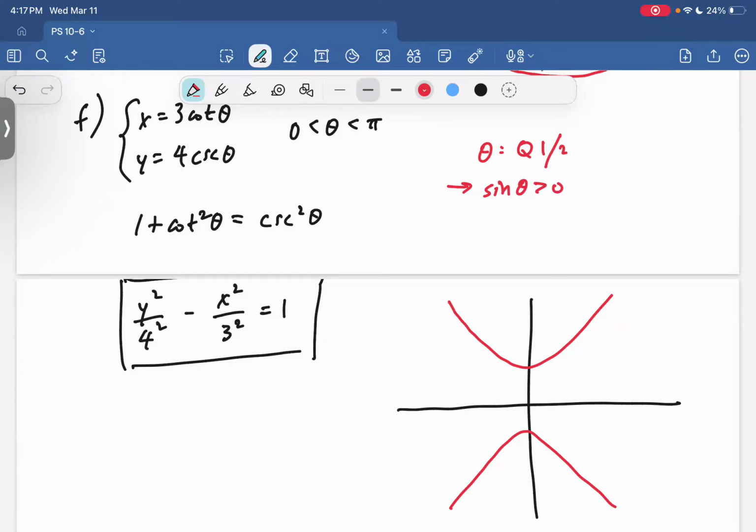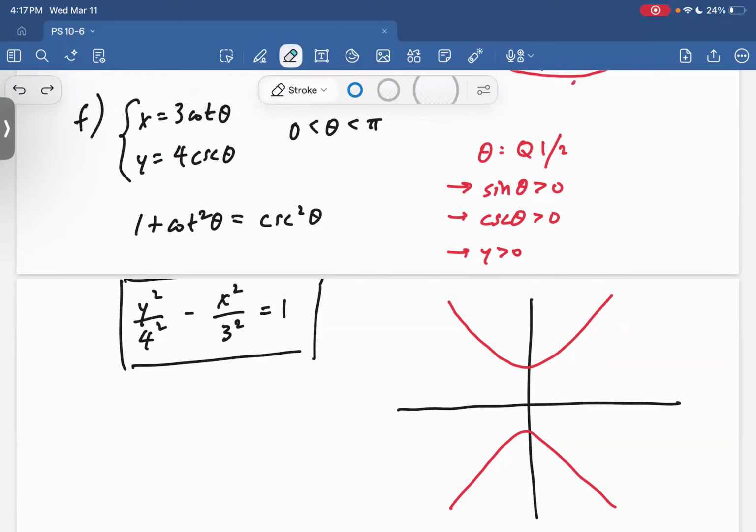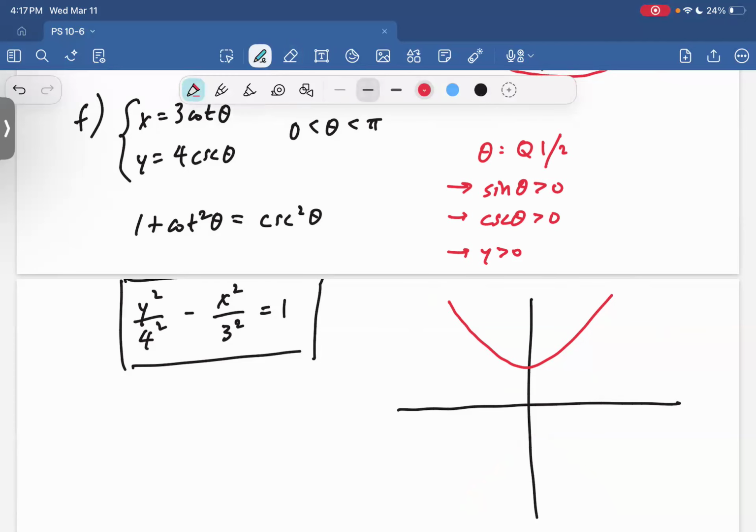So sine theta is always positive, which means that cosecant theta is always positive, which means that y is always positive. Okay, so we can conclude from this that we're only going to be looking at the first branch there, and we should just eliminate this second branch. So that's our answer.